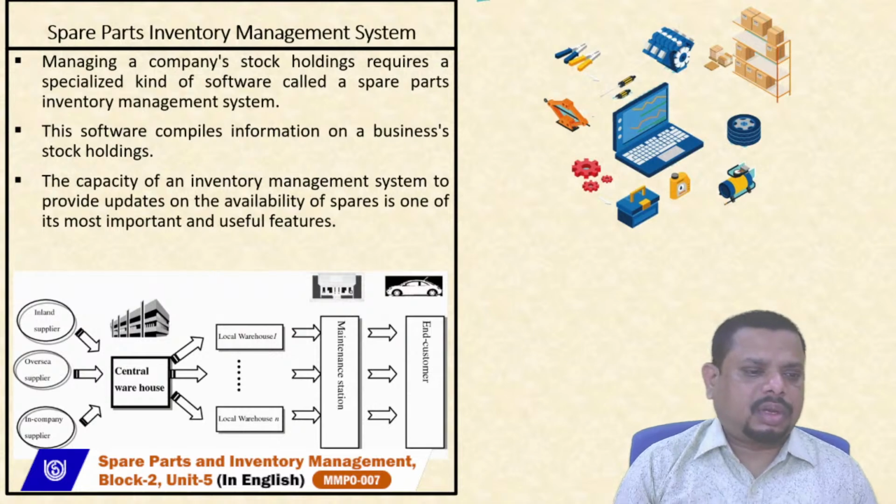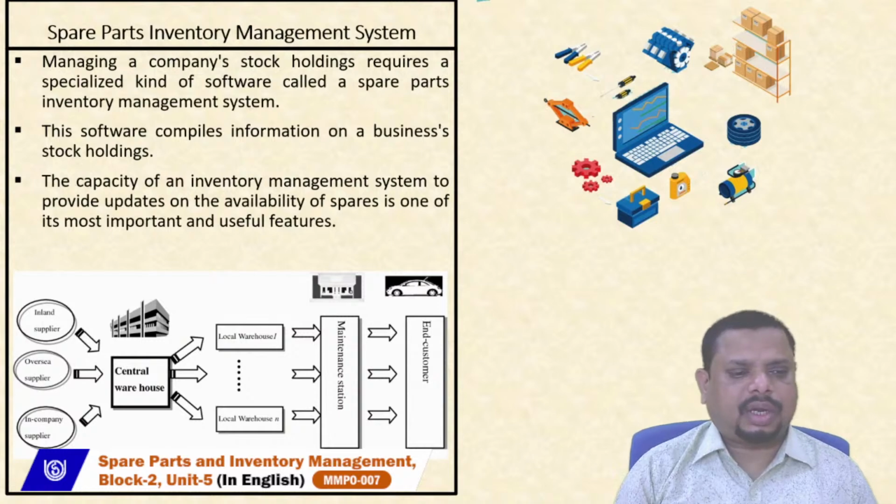The company has a central warehouse, and the central warehouse has a number of suppliers, such as inland suppliers, overseas suppliers, and in-company suppliers. The central warehouse is attached to local warehouses, and local warehouses to maintenance stations, which provide services to the end customers.